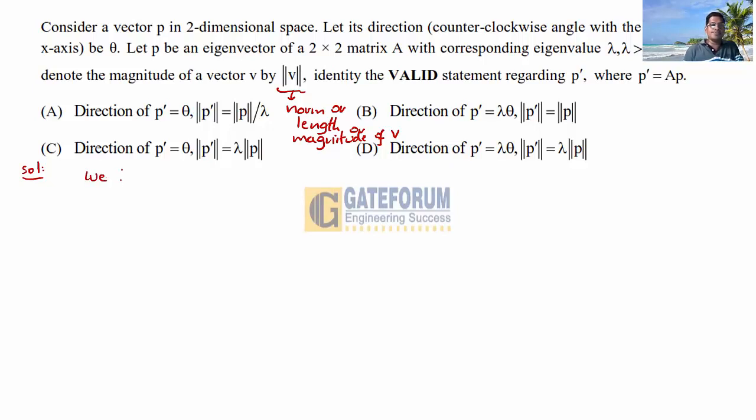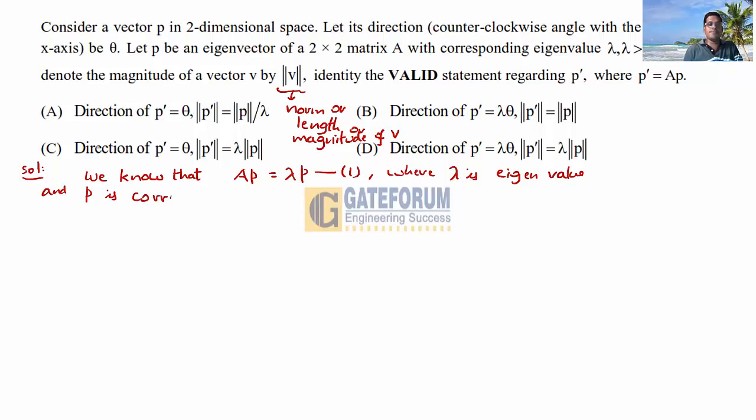We know that A into small p is equal to lambda into small p, where lambda is the eigenvalue and p is the corresponding eigenvector of matrix A. Okay.